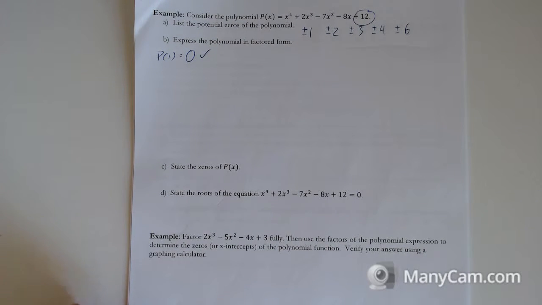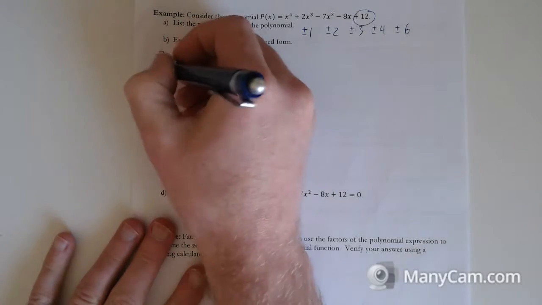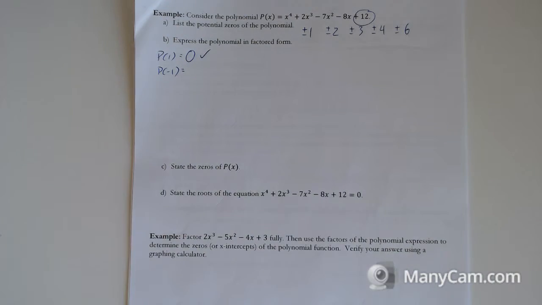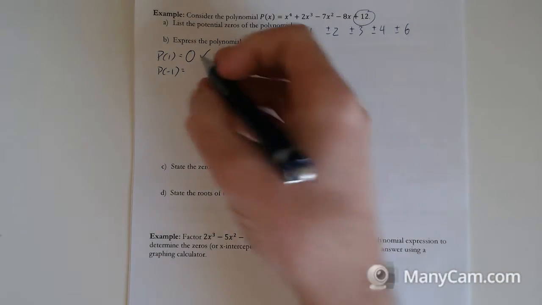So now we could already use synthetic division and turn this into a 3rd degree polynomial, or we could try to find another one. Let's try -1. P of -1 is equal to 1 minus 2, -1, plus 7 is 6, minus 8 is -2, so nope, that one doesn't work.